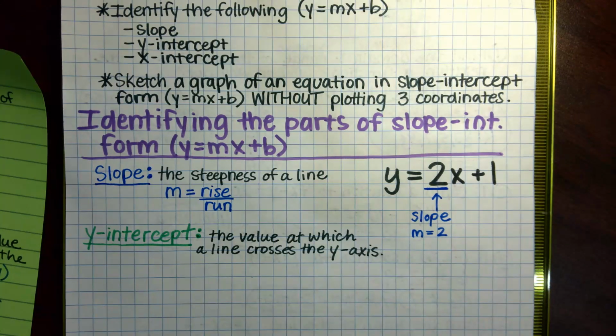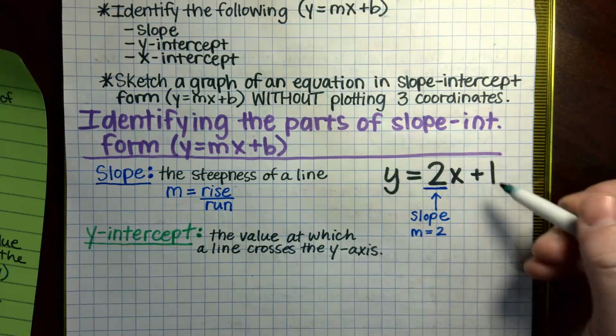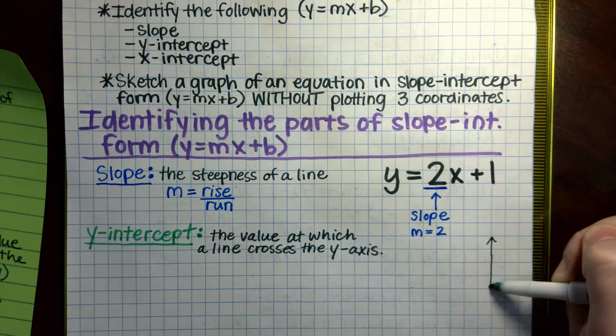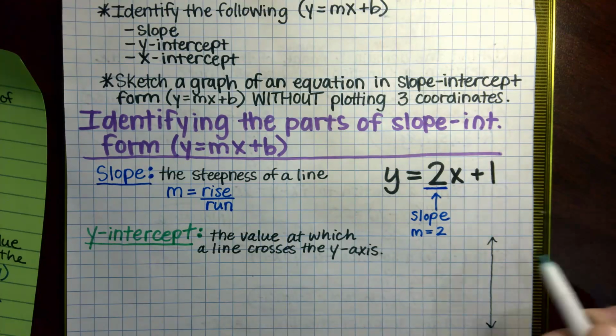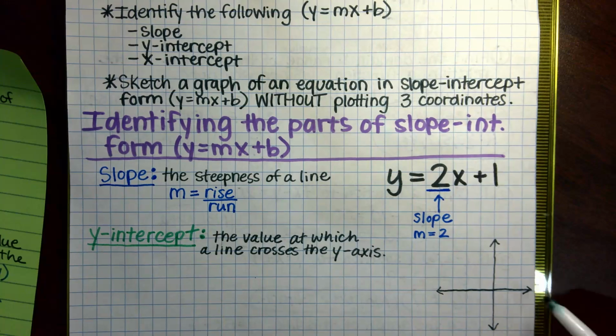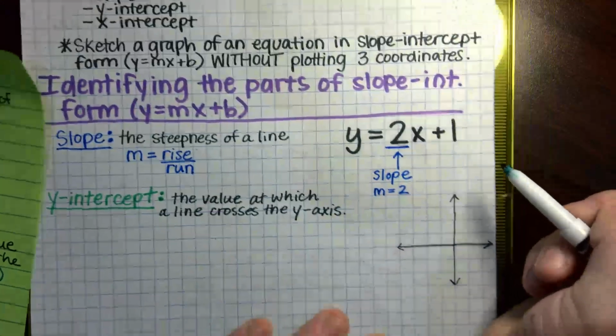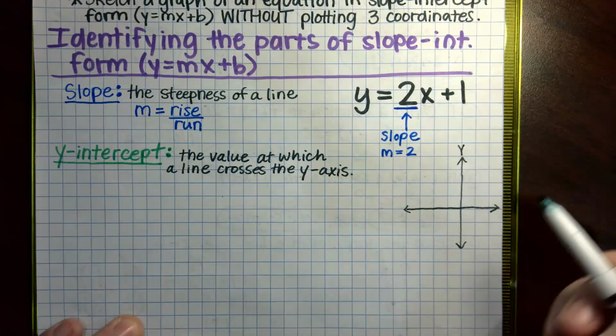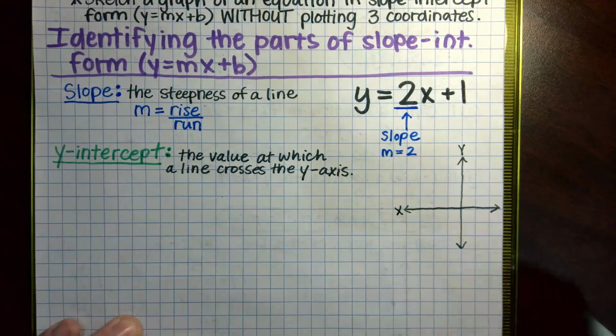So I'm going to draw a little picture to the side here, maybe to help. If I were to have a little graph here, and I know this is my y-axis, this is my x-axis.